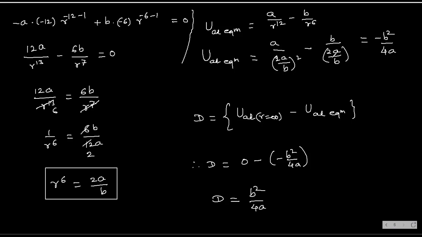That's why I substituted here, and R power 6 is this. If we do this, we get minus B square by 4A. Substitute and you will get the D value, that is B square by 4A. Got it? Okay, go through this and solve yourself. Let's stop here for today.